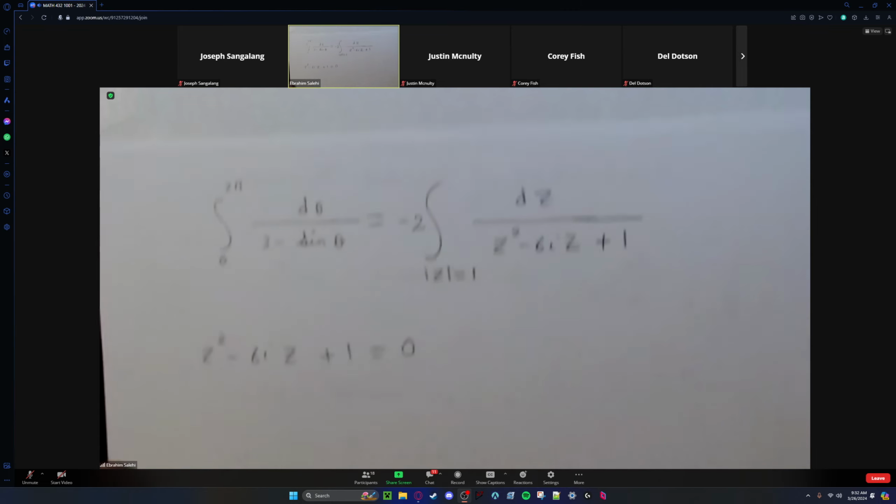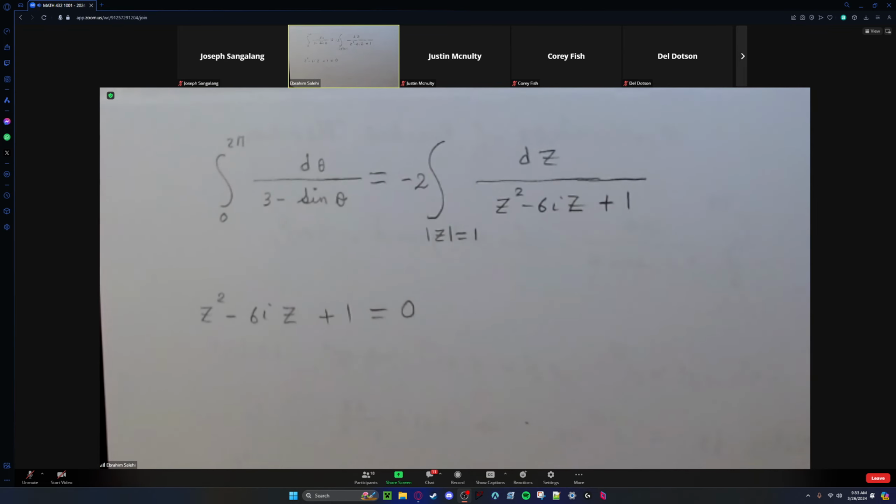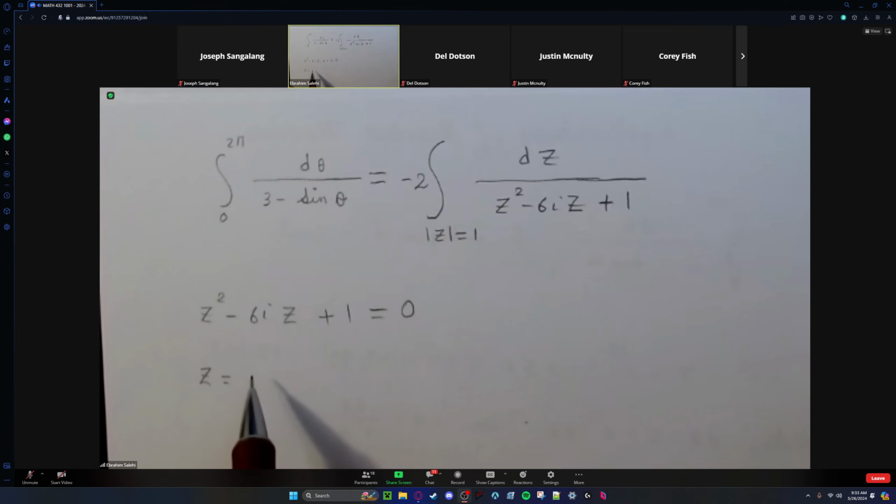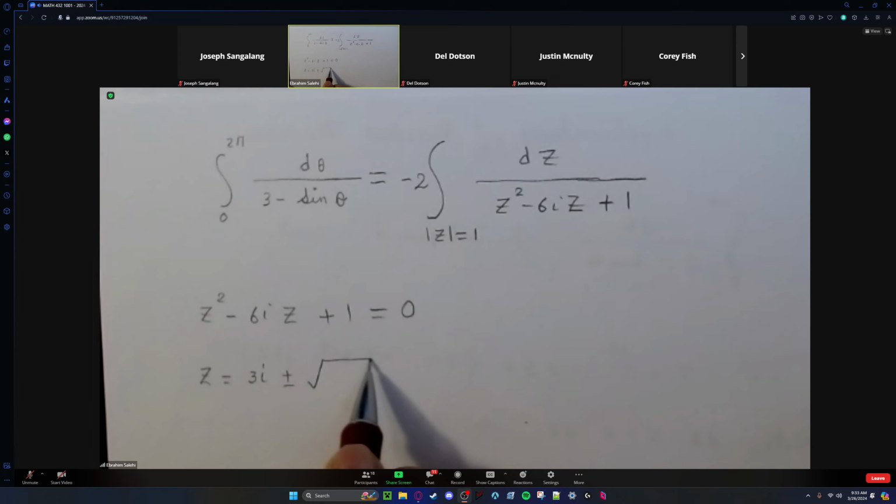Using the quadratic equation, z is negative b plus or minus the square root of negative b squared, which is negative 9, minus ac.